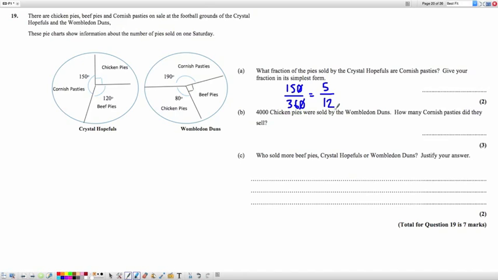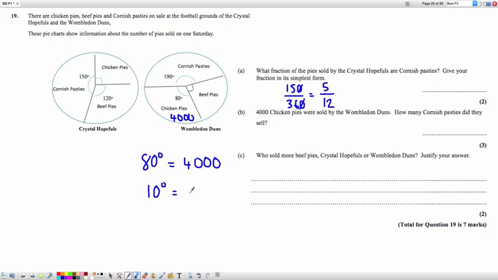We're told that 4,000 chicken pies were sold here for the Wimbledon Duns. So this is 4,000. How many Cornish pasties did they sell? So if we have 80 degrees, it's equivalent to 4,000. So let's find out what 10 degrees is.